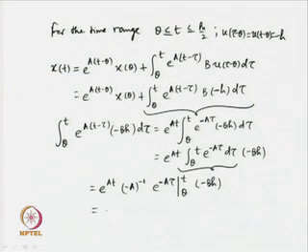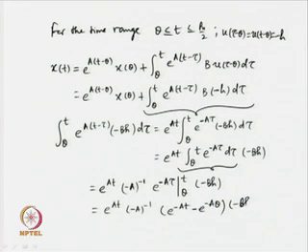So, this gives us e to the power a t minus a inverse, e to the power minus a t minus e to the power minus a theta, minus b h. So, I will collect the terms and simplify this one.